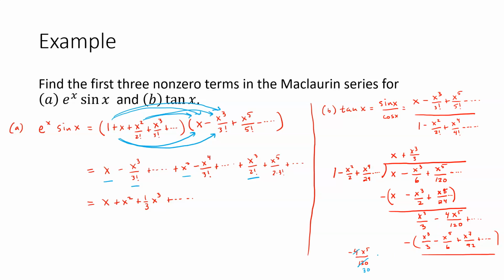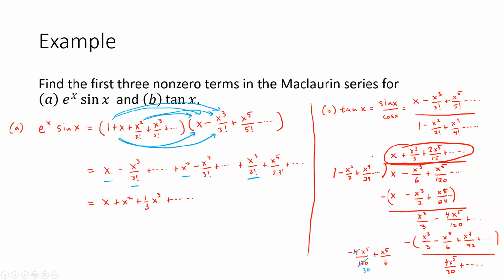And then we're going to add x to the 5th over 6. So we would have a common denominator, make that 5 over 30 minus 1 over 30, so that would be 4 over 30. Okay, and then some higher degree terms, but that's the last one we need. So the next term there would be 4x to the 5th over 30, or in other words, 2x to the 5th over 15, and those would be the first three non-zero terms.